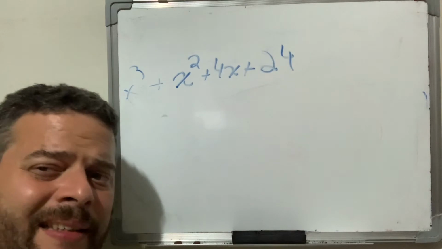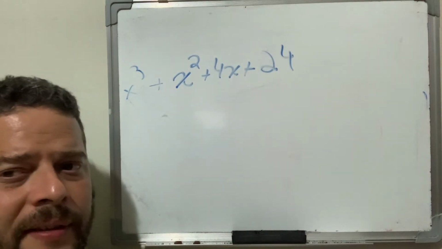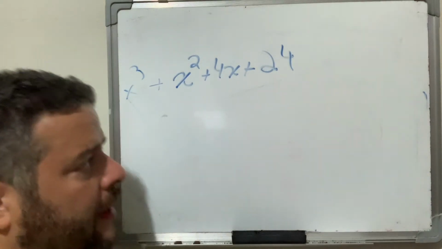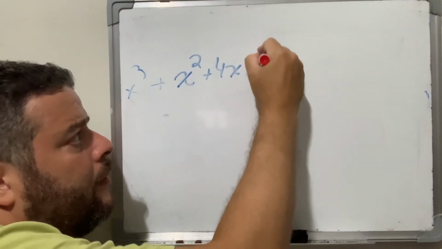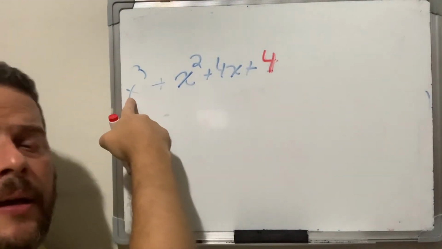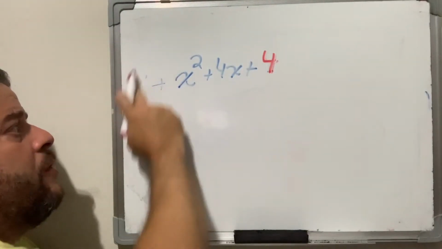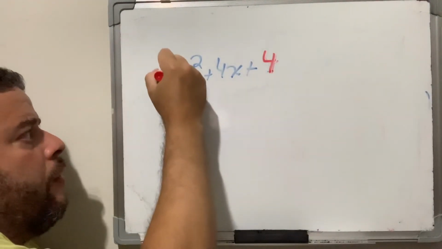Now it gets a little bit more complex because now you actually have to do a division. Let's say this number is actually 4 now, and my leading coefficient is going to be 3.